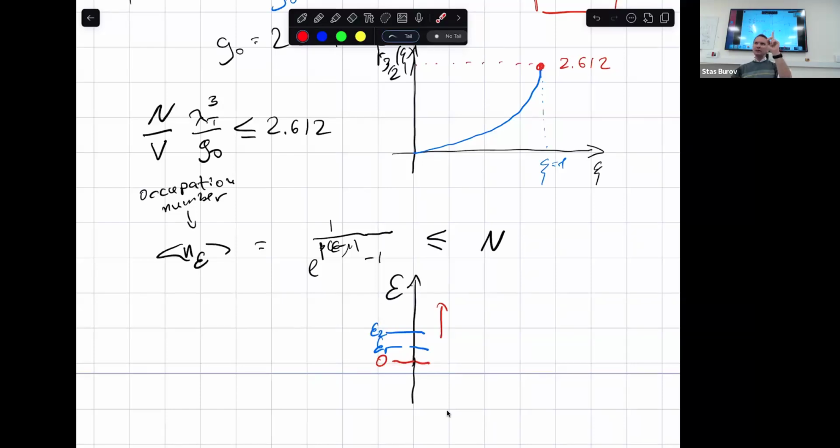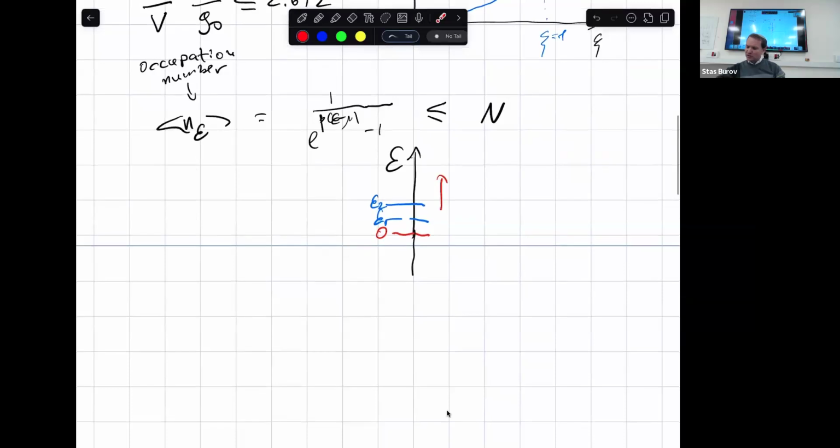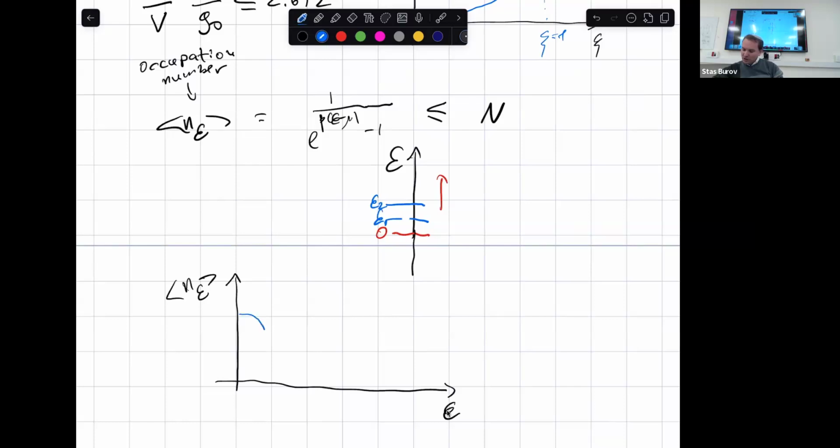Now, think about it. We have a continuous spectrum, and at one specific epsilon, the function is huge. If I plot it, this is n as a function of epsilon. So I will have some sort of a continuous distribution, but what happens exactly at 0, I have a delta function.